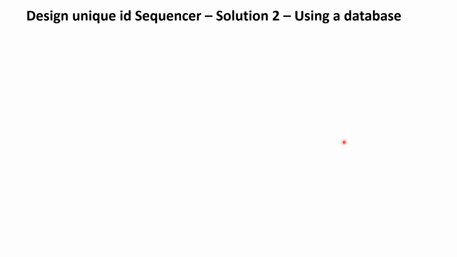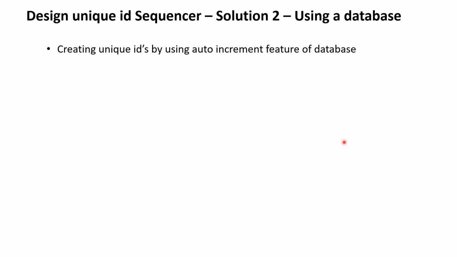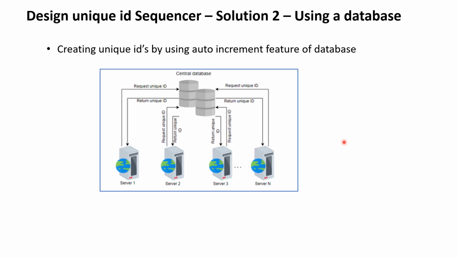So the second way is that we can use a database, right? Because we know that a database has an auto-increment feature that gives you unique IDs. So you can see in the diagram that we have a central database that is giving a unique ID to each server.